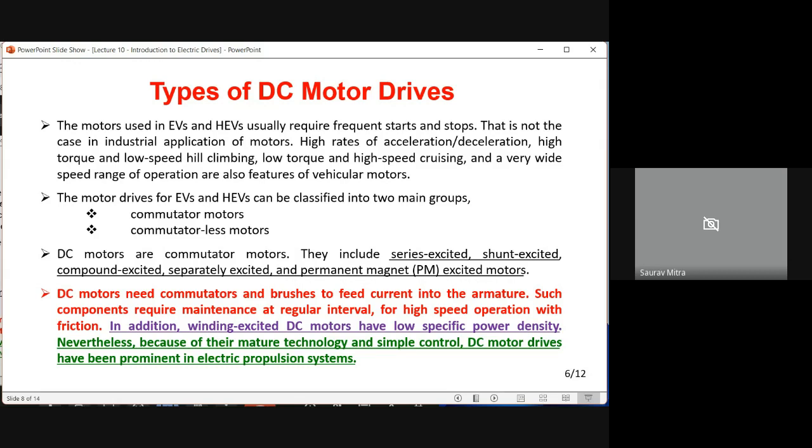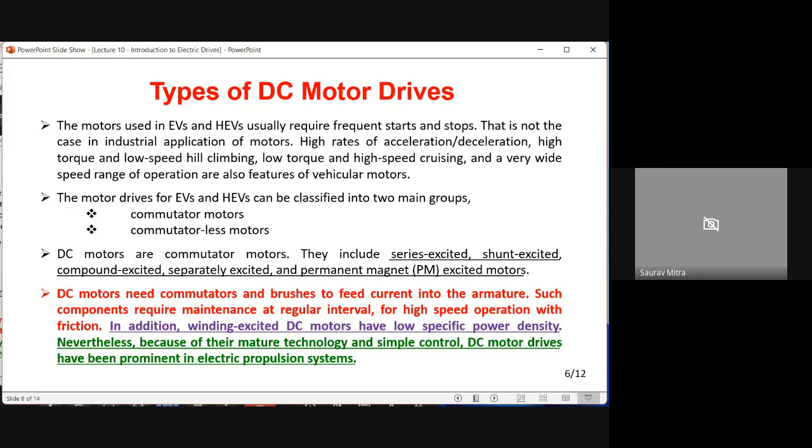So whenever commutators and brushes are there in a DC motor, it is a little dangerous. These components also require maintenance at regular intervals, because the brush is continuously going to erode. For high speed operation with friction, the brush and commutator continuously wear out.